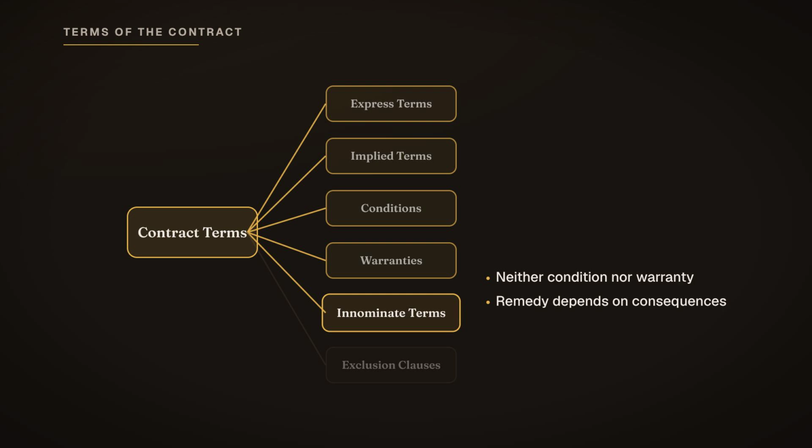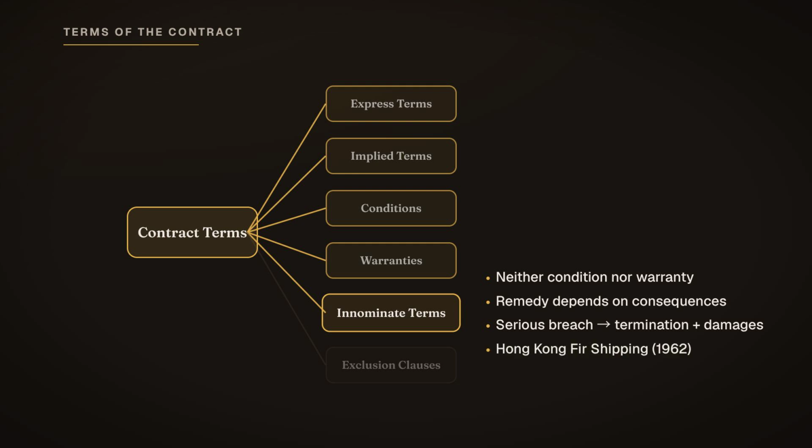The Court of Appeal held that seaworthy was neither a condition nor a warranty. It was an innominate term, capable of being breached in many ways, some trivial, some catastrophic. The remedy depends not on the classification of the term itself, but on the consequences of the particular breach. Termination is only available if the breach goes to the root of the contract.